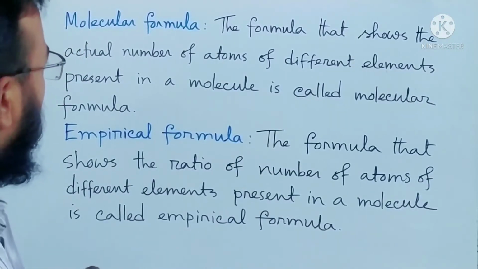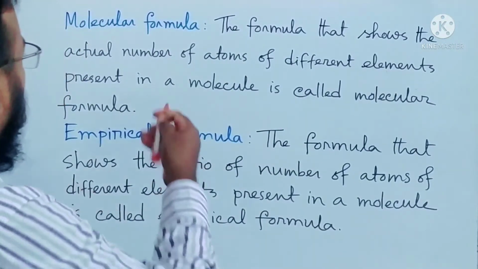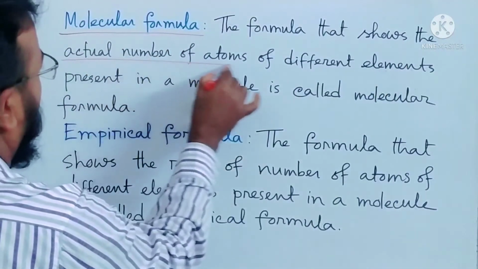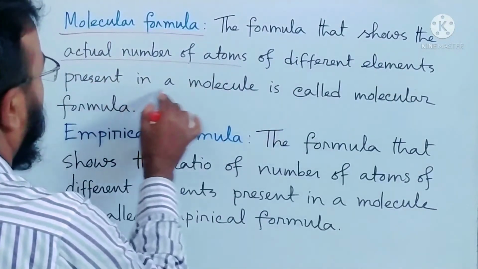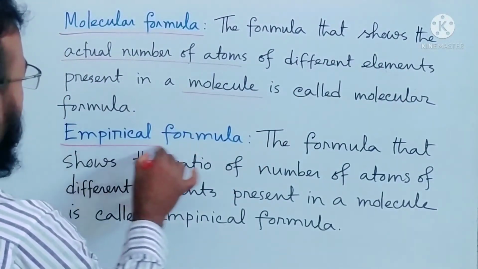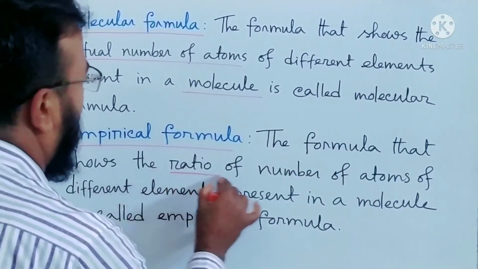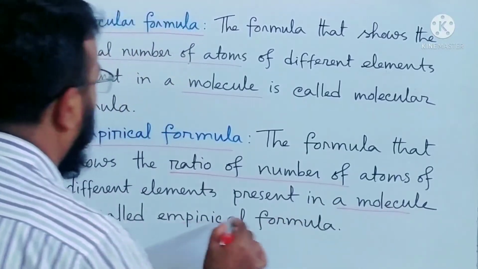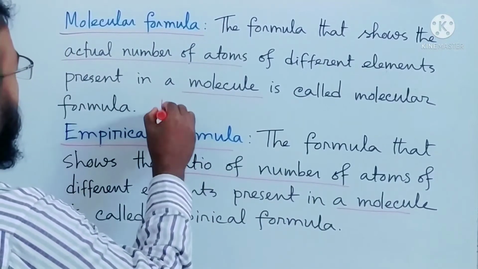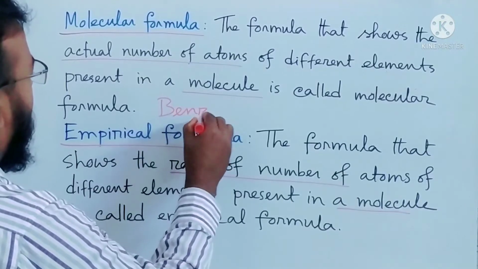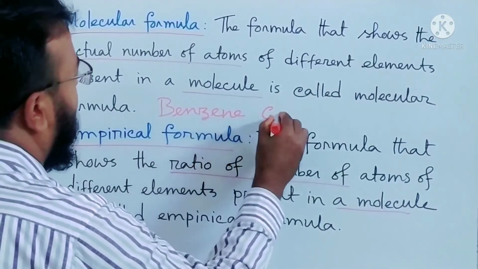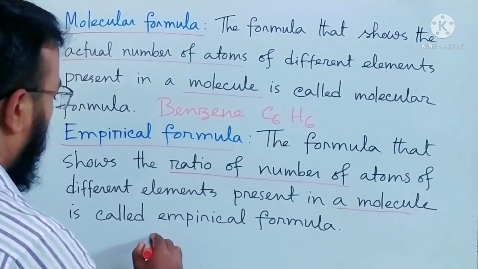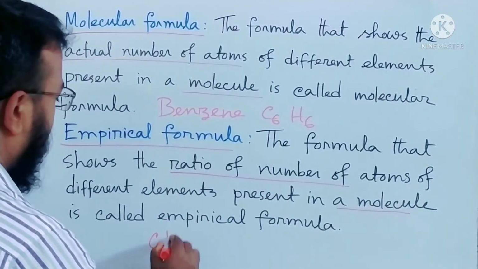Okay, dear students, all of you see that I have written molecular formula, the formula that shows the actual number of atoms of different elements present in a molecule, and the empirical formula, the formula that shows the ratio of number of atoms of different elements present in a molecule. For example, benzene is C6H6, and the empirical formula of benzene will be CH.